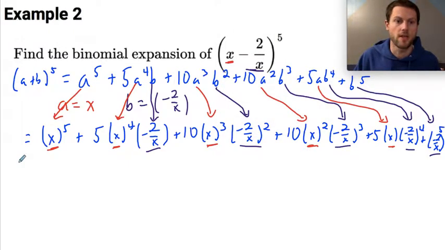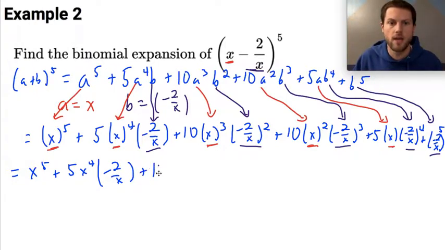It's time to condense this a little bit. So this is going to be x to the fifth plus 5x to the fourth times negative 2 over x. I'll simplify that a little bit further in the next step. Plus 10x cubed, and this is going to be negative 2 over x times negative 2 over x, so this is going to be a positive 4 over x squared.